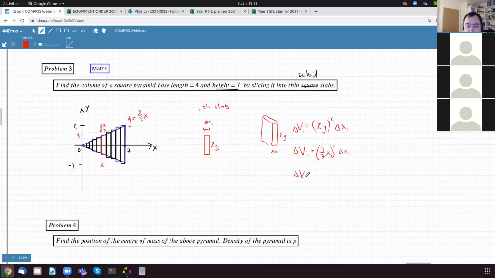And delta Vi is equal to 16/49 xi squared delta xi.